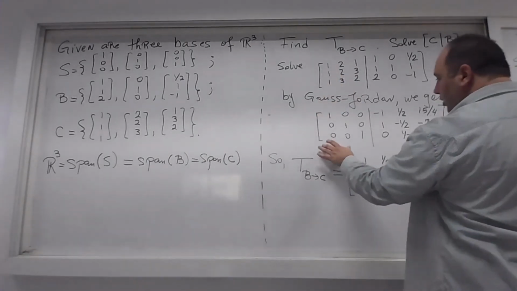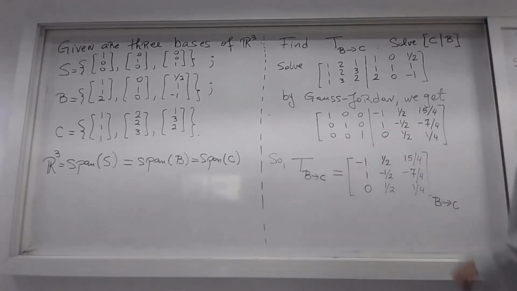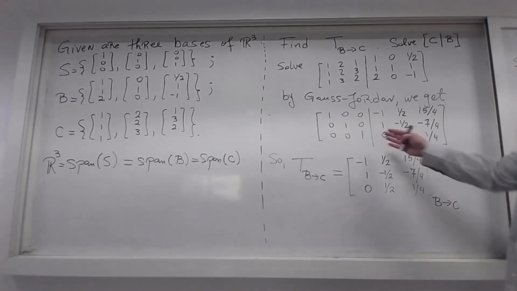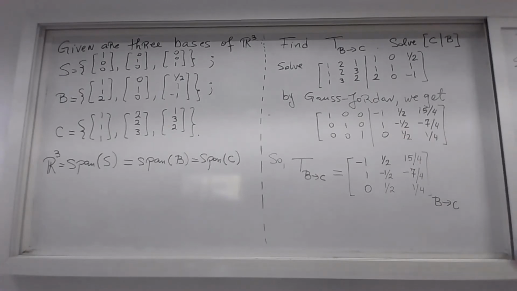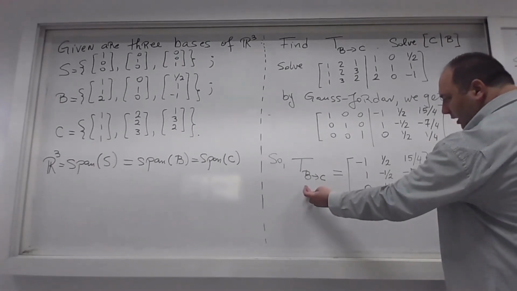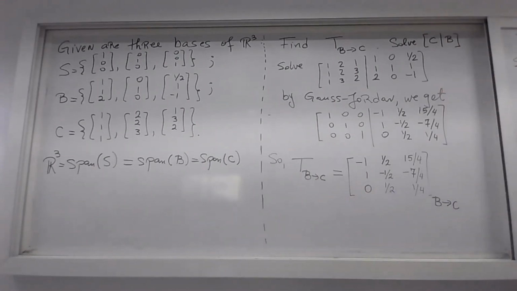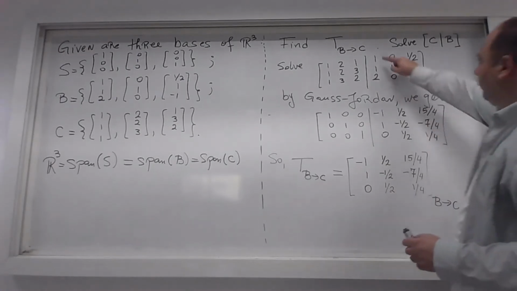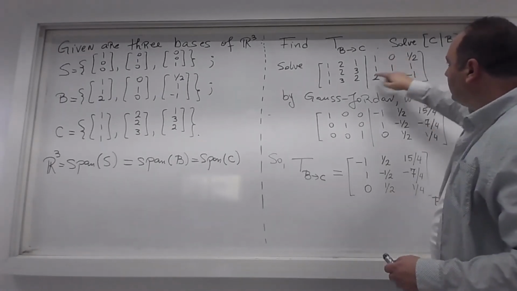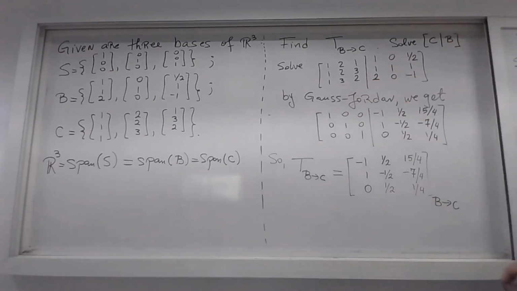So after some computation, I'll get identity on the left side slash something on the other side. This something is the transition matrix. So this is the transition matrix from basis B to basis C. So we got it by expressing each vector from basis B as a linear combination of vectors in basis C.